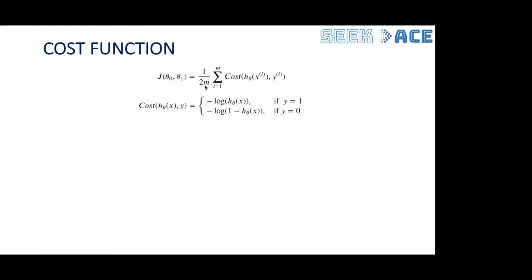Then we do it for all the samples and sum the cost over all samples, to see what cost we are paying for that prediction. If we use this theta 0 and theta 1 and the cost is very high, we'll try to minimize it, and we will keep minimizing it until we find the lowest cost.